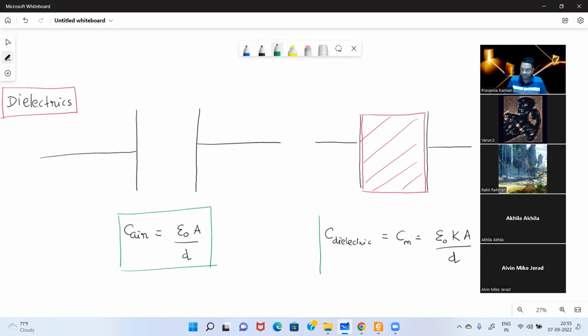So this is the capacitance with air being the medium between the plates, but in the second case, it is completely filled with the dielectric. Clear? So you will be multiplying it by a factor K. And K is different for different materials, it depends on the material, correct? So what is K called?